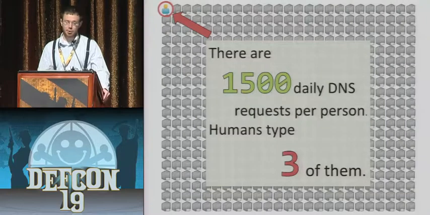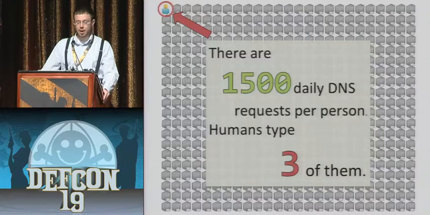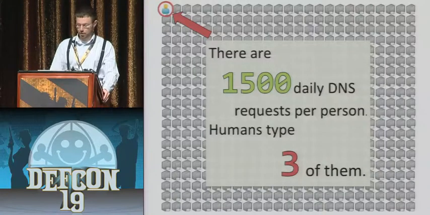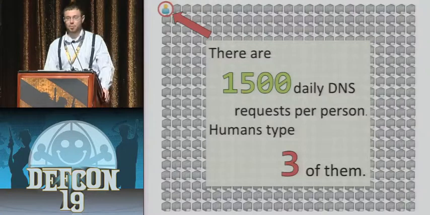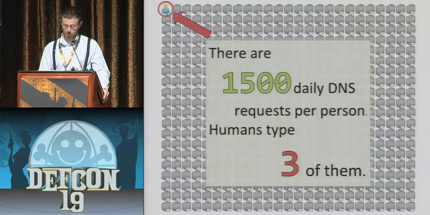Another website, visualeconomics.com, calculated that people go to 89 different domains a month. Prorated, that's 2 per day, that's 3. So, while typo-squatters are going after the 3 domains that you type in, bit squatting goes after the 1,497 that you don't. And how can you take advantage of these 1,497 domain lookups?